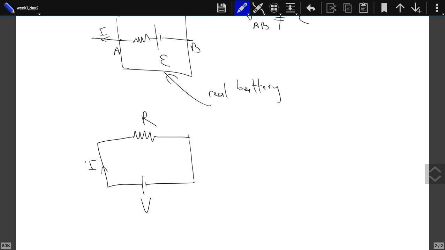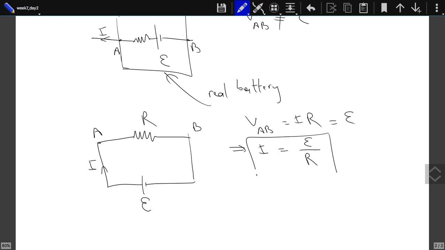Well, one way is to say the potential difference across this resistor is just I times R between these points A and B. But the battery just provides a constant potential difference V across its terminals. So the potential difference across A and B should be equal to V. Or let's use the other symbol, EMF. Let's get used to it. And this tells me that the current is epsilon over R. This is the relation between the current and the EMF.